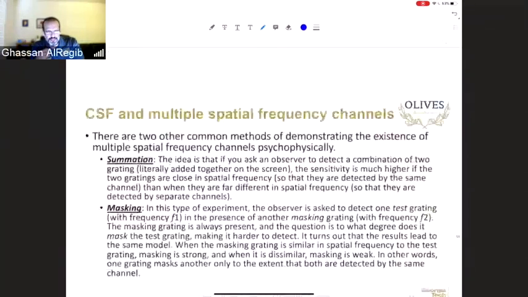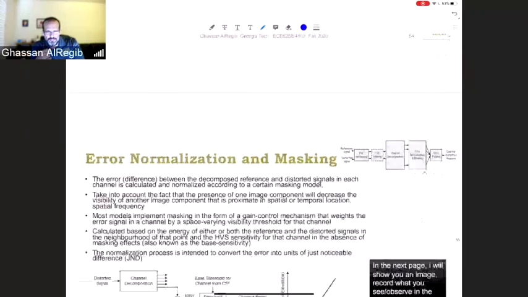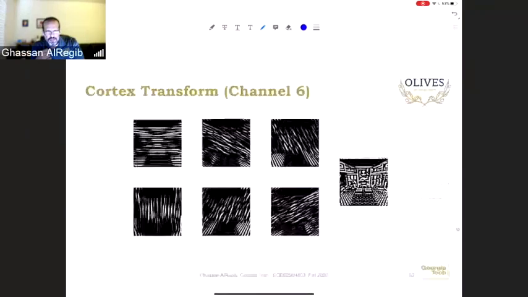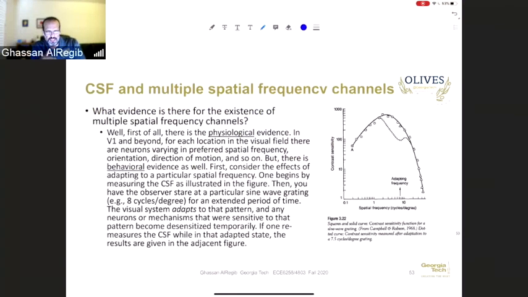Okay, so I'll stop here, and next time we will pick it up from here. We'll study the CSF, and then we look at masking, which is extremely important. It's a little bit confusing now because we are talking about many different things in the human system.